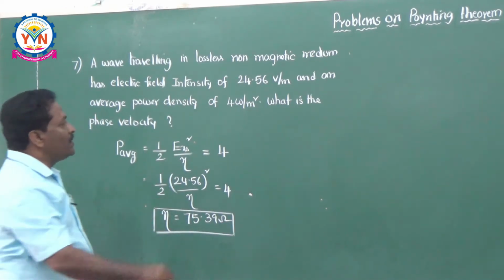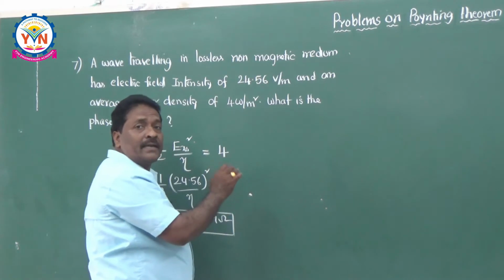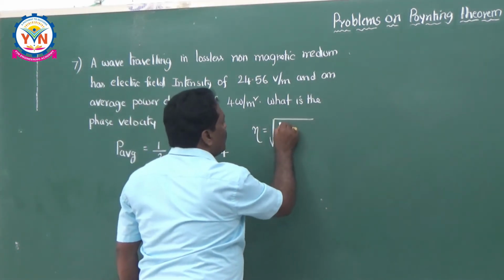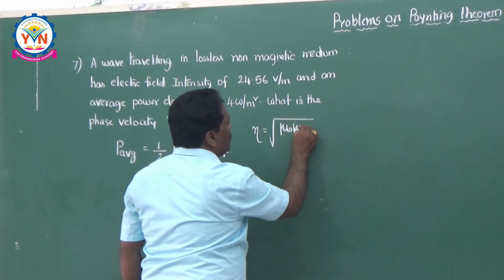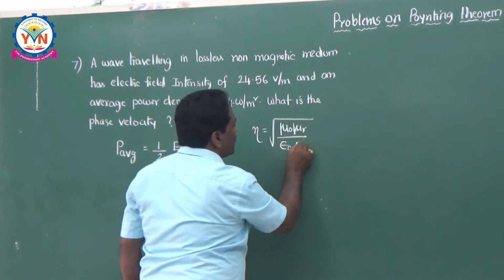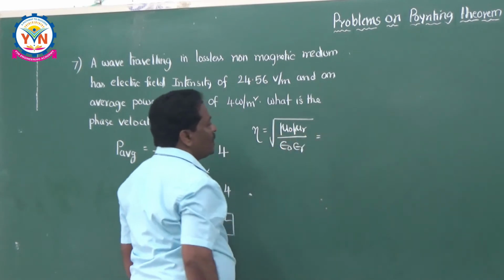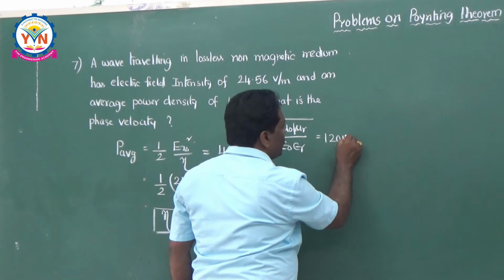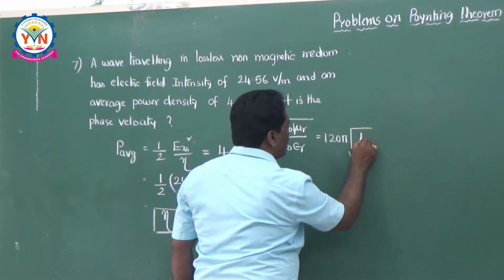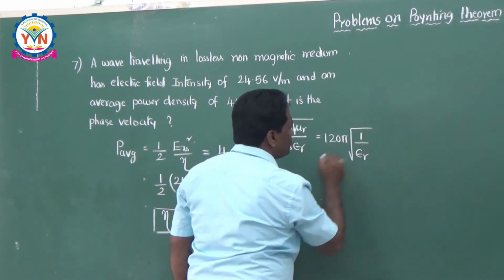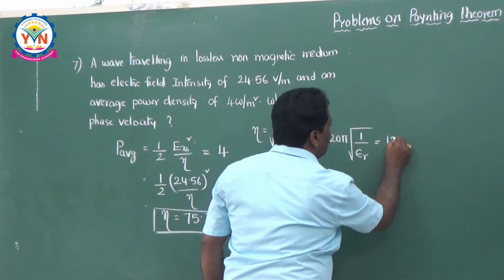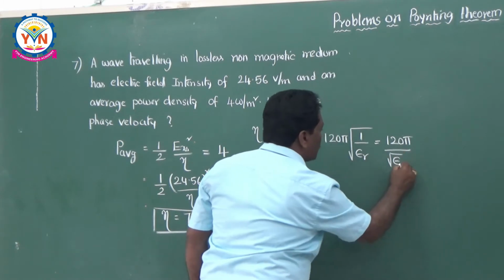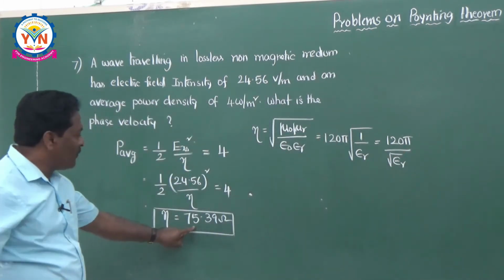For this dielectric material, eta is equal to root of mu naught mu r by epsilon naught into epsilon r. That means this is equal to root of mu naught by epsilon naught, which is nothing but 120 pi, into root of 1 divided by epsilon r. So that is equal to 120 pi by root epsilon r, which is equal to 75.39.